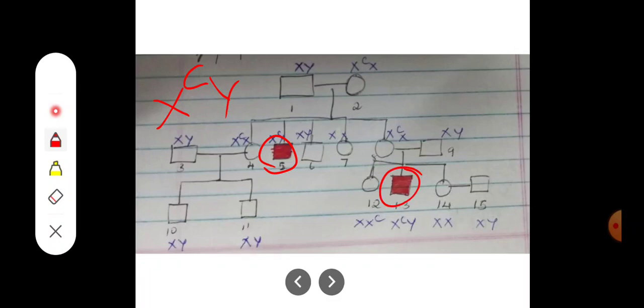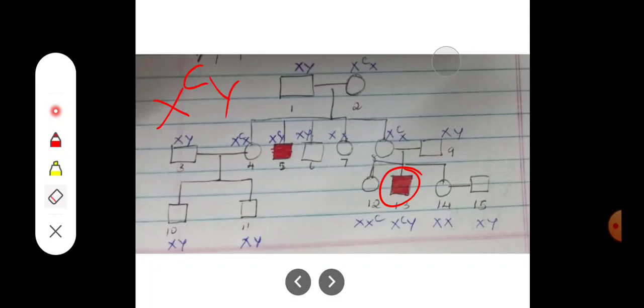Now, if the fifth person in this pedigree chart is to be diseased, then surely one of his parents should be a carrier. Only then can this disease be transmitted to the next generation.